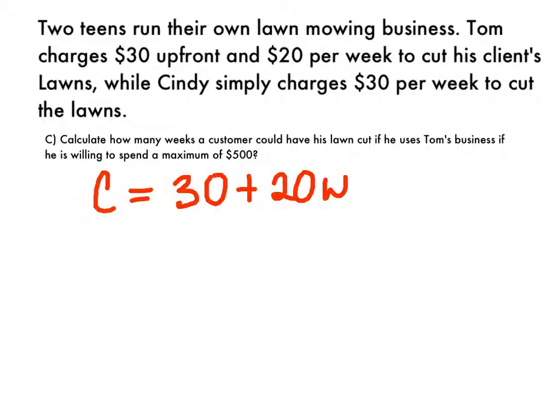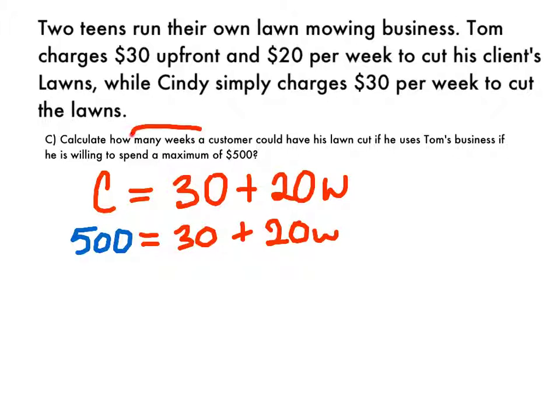So what we're going to have to do is sub in the value 500 for C, and the rest of this equation is going to remain the same. And what we're trying to find is how many weeks. So that's the number we're trying to figure out. So that's why we're going to try to solve or isolate for W.